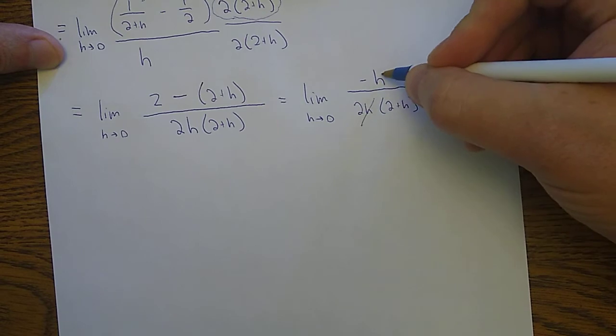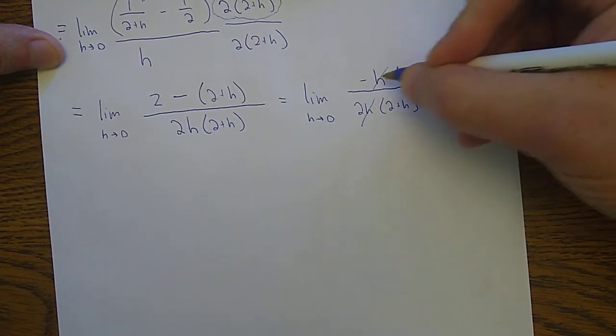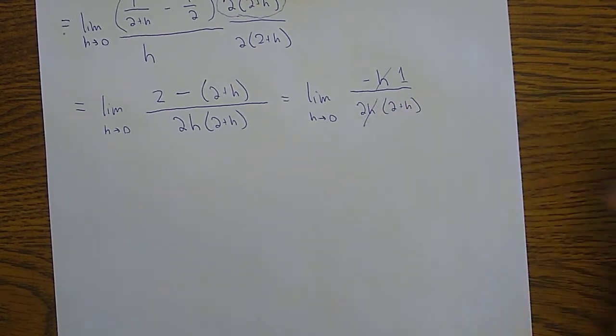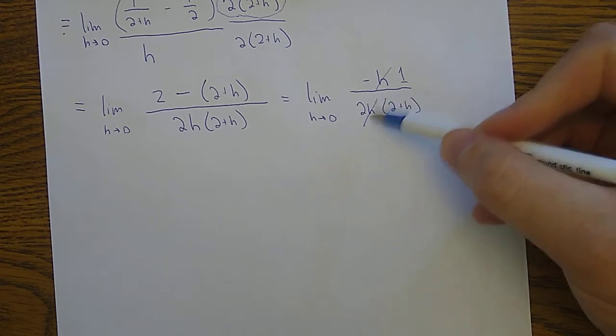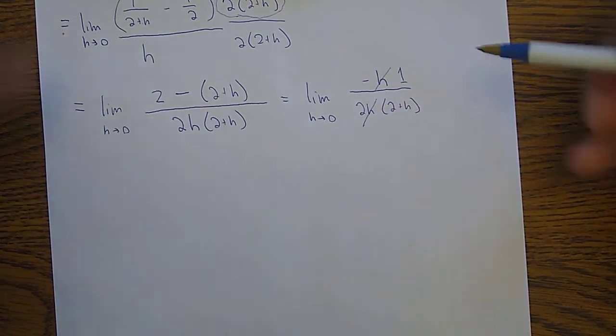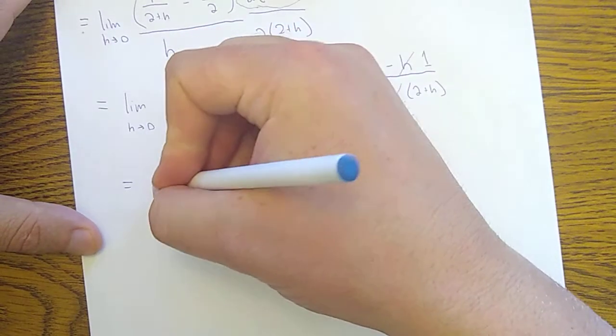And sure enough, I can cancel my h, and let me write a 1 here, because I don't like it when I cancel everything and it looks like everything's crossed out. So what's left over on the top is just a 1, and on the bottom is 2 times 2 plus h. I just canceled the thing that was causing me to divide by 0, so now I suspect that I'll be fine. And I am.